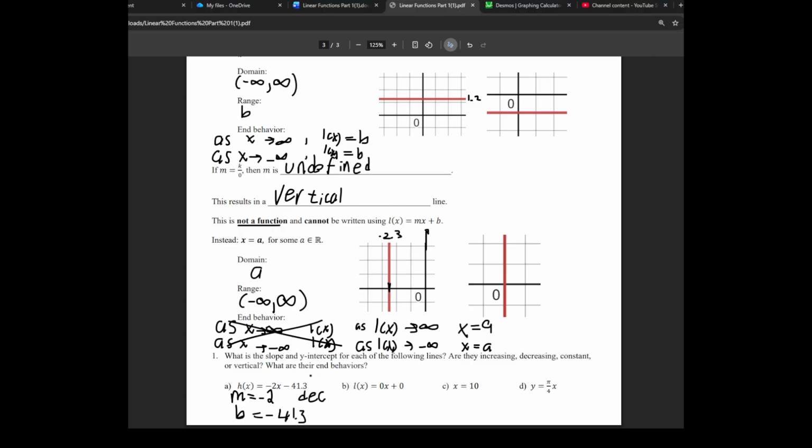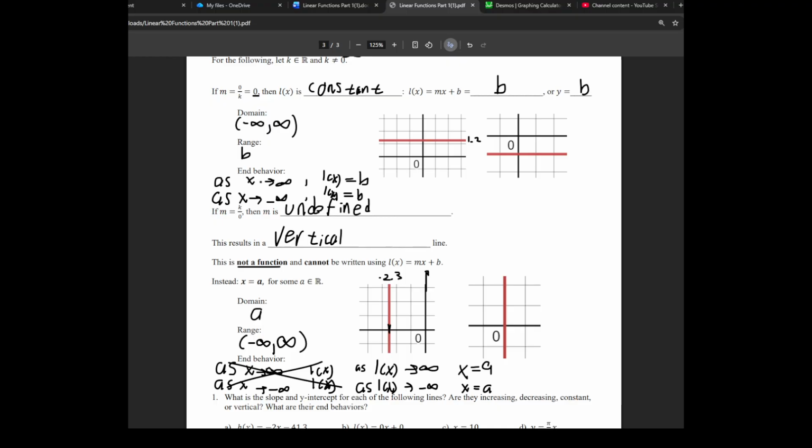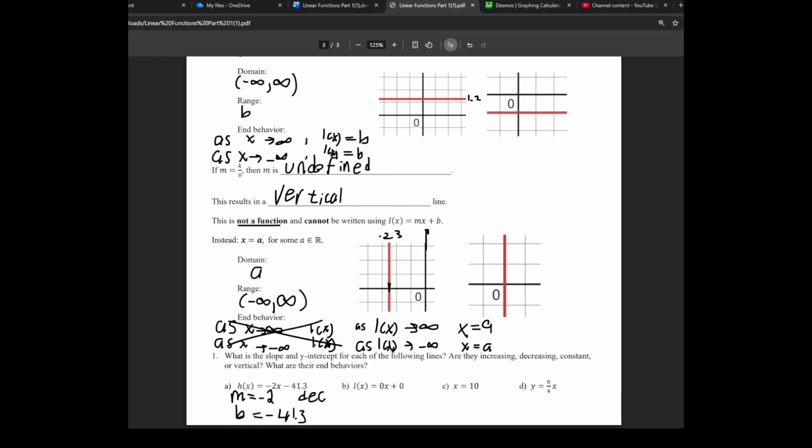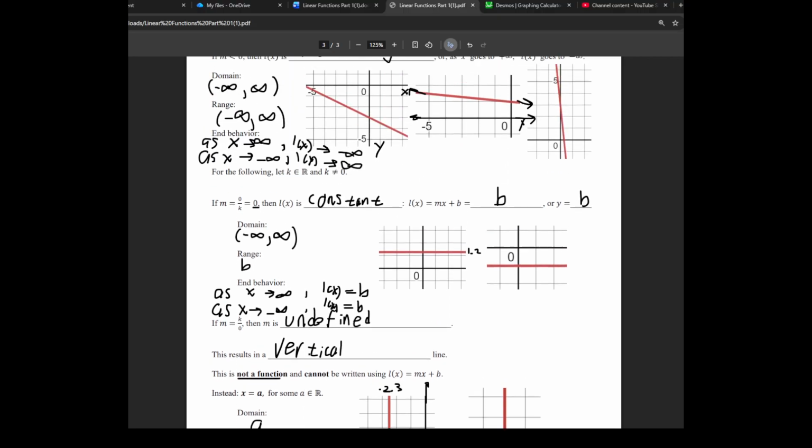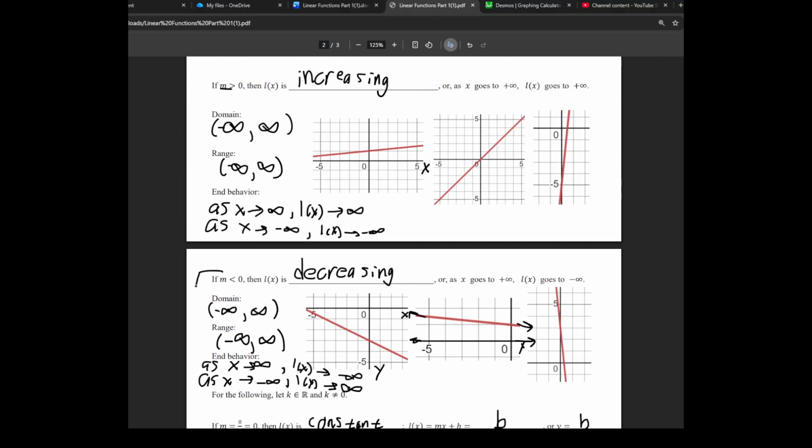All right, end behavior, again, this is where we would write the as x approaches infinity. I don't have room for that, so I'll just say it aloud. As x goes to infinity, this is a negative slope. It'll be similar to this example right here. As x goes to infinity, so as we go to the right, our line will go down to negative infinity. As x goes to negative infinity, our line will go up to positive infinity. So this would be our end behavior for number 1.